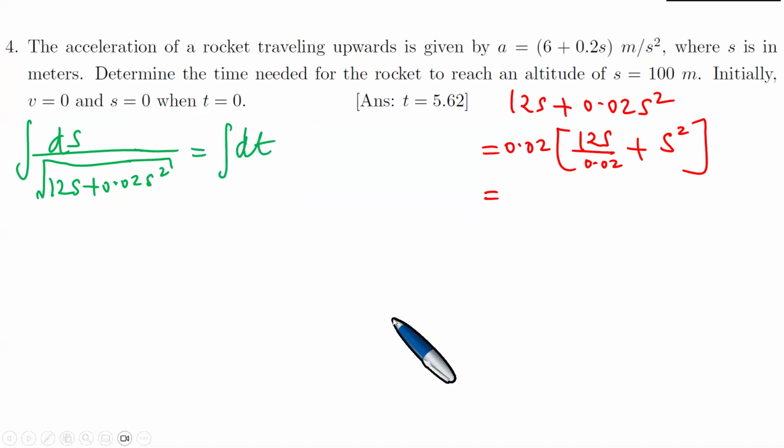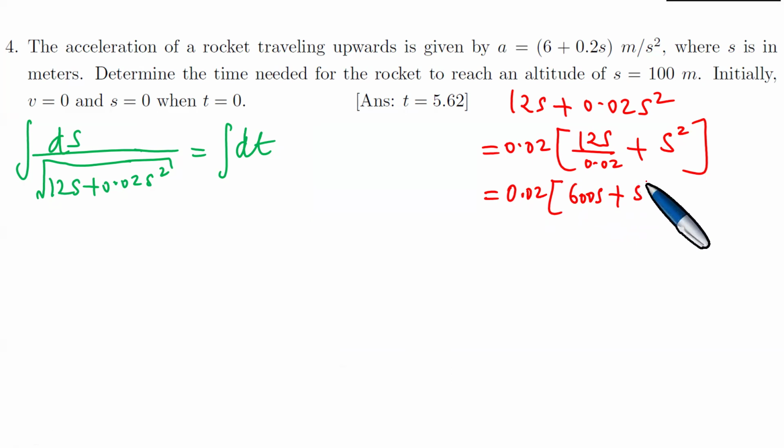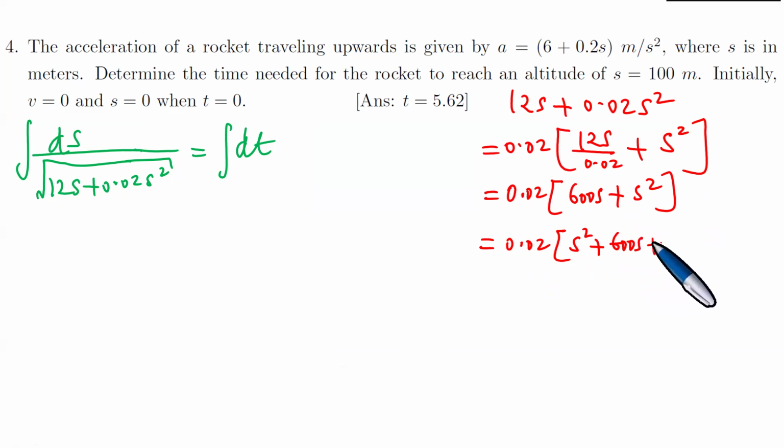So this is 0.02 times the quantity s squared minus 600s. As you divide by 2, you get 300. In other words, we complete the square using the grade 11 technique.